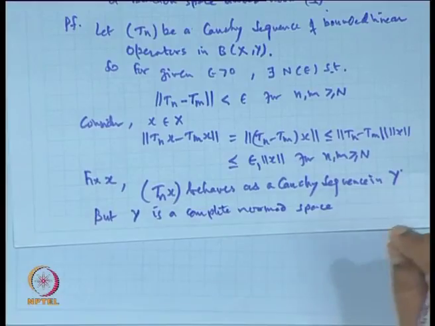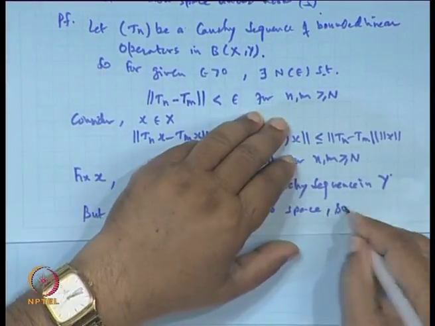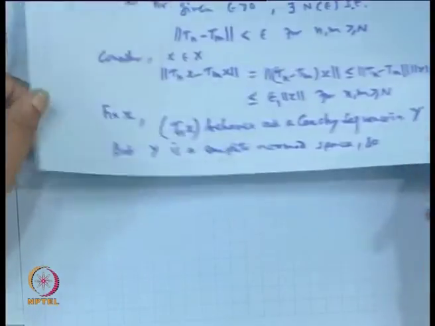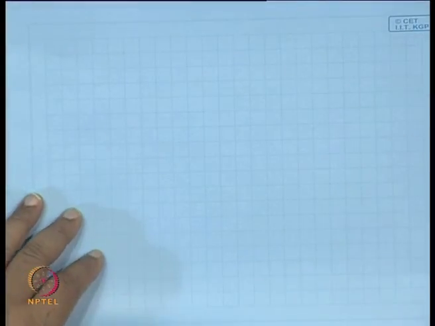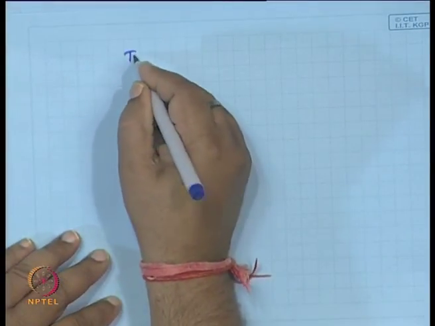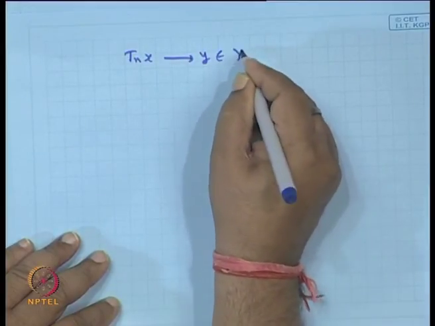So, every Cauchy sequence must be convergent. So, the sequence T n x will converge to a point y in capital Y.